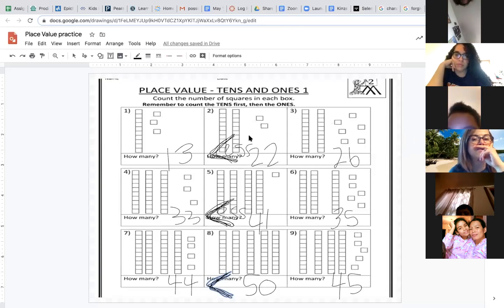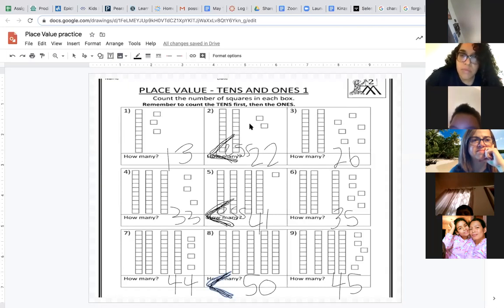Jacob, how many groups of 10 does the number 22 have? 20. It has two groups of 10 that represents 20. Good job. So we have two groups of 10 here. What about 26? 20. Those are the same, right?